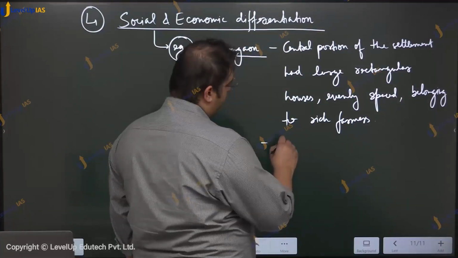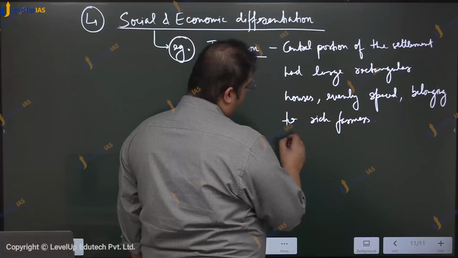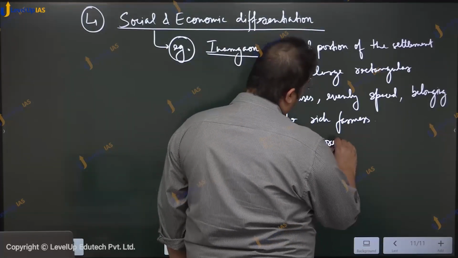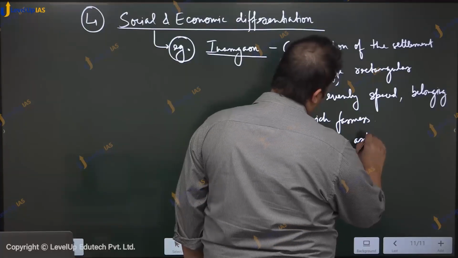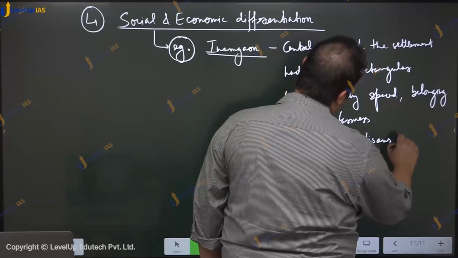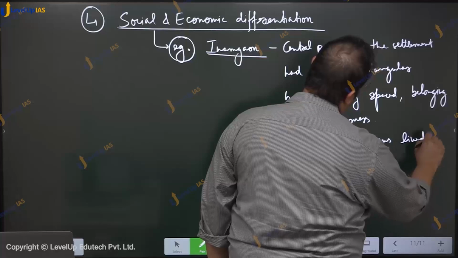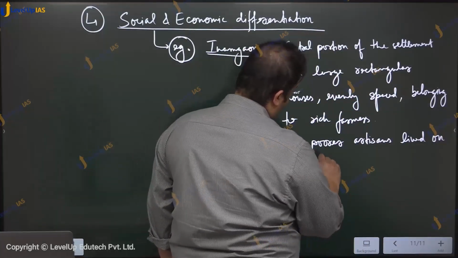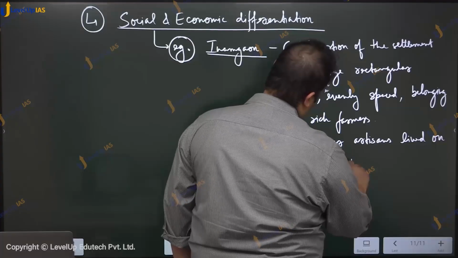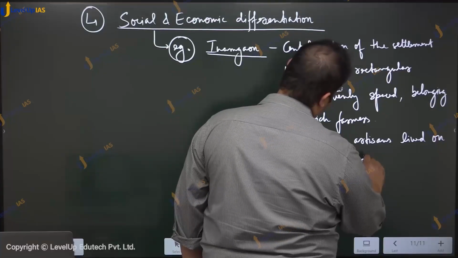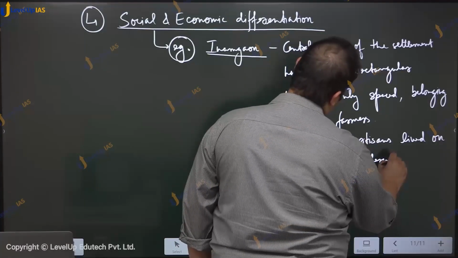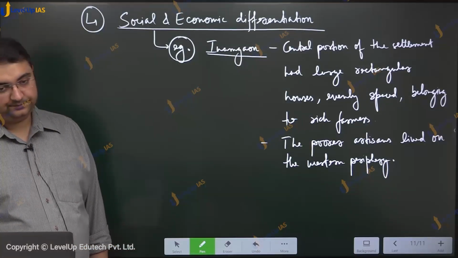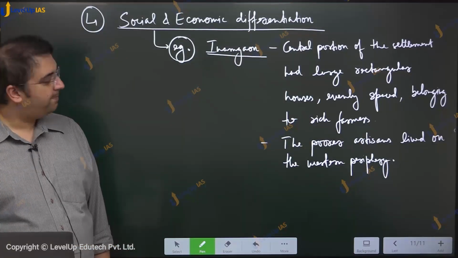Full stop. The poorer artisans lived on the western periphery. ठीक है.